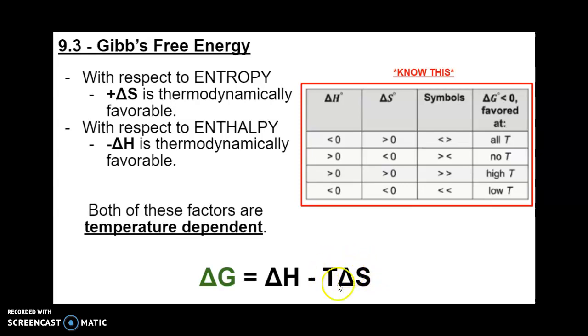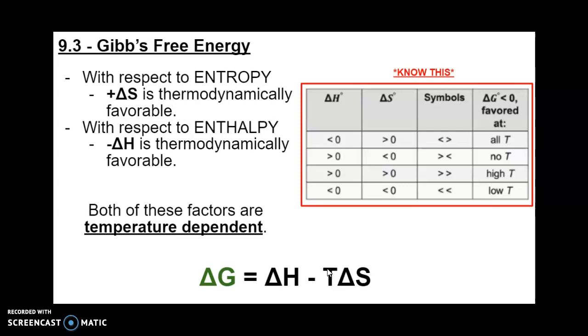But if we have a very negative value for the enthalpy, then that's going to work itself out. So again, the temperature factor here, at high temperature or low temperature, when one of these factors is favorable and the other is not, will have an influence on whether the reaction occurs or will not occur.